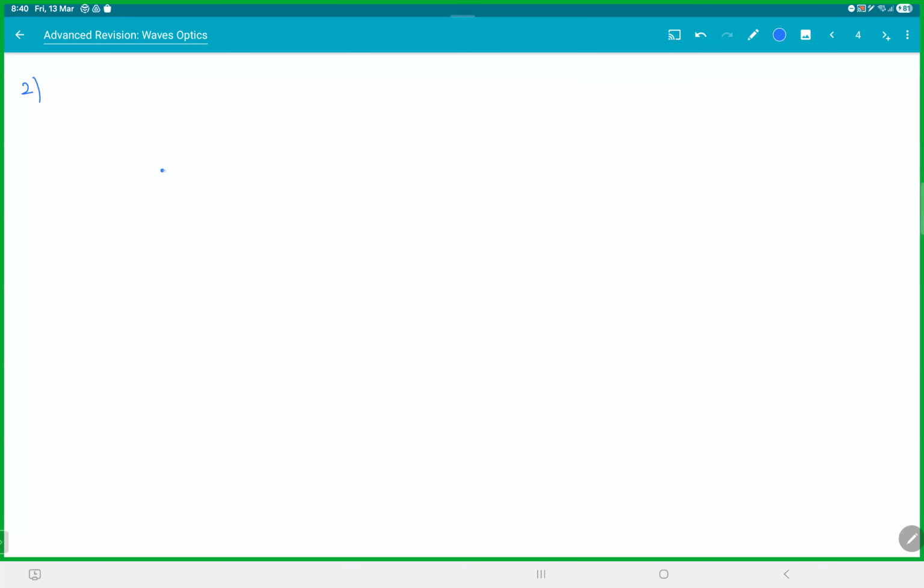This is another one. Let's say we have three sources, S1, S2, S3. We have a point P here, and let's say the intensity of this source is I, this is 4I, and this is 9I. S1P minus S2P is lambda by 4. No, maybe let's say lambda by 3.